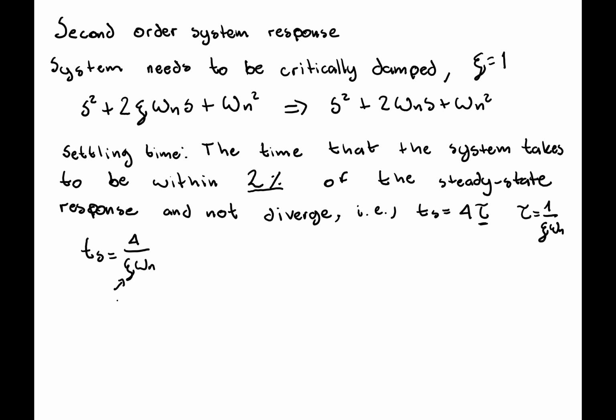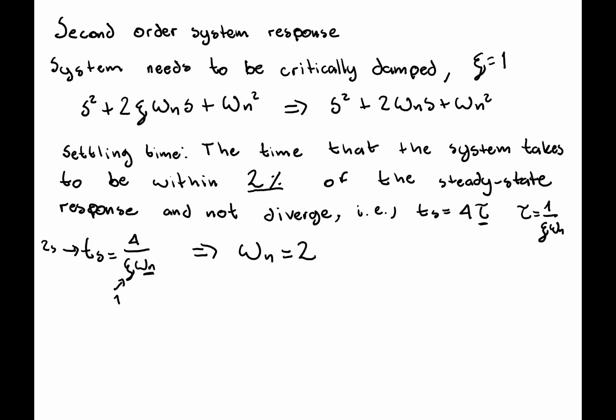This one we already have. We said it was 1, and the settling time is a requirement of the system, which is 2 seconds. So we're only left to find the natural frequency. This means that our natural frequency is equal to 2.